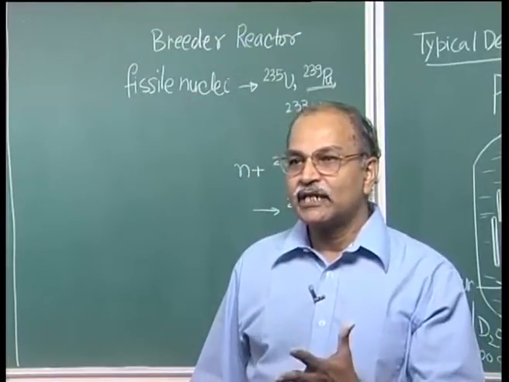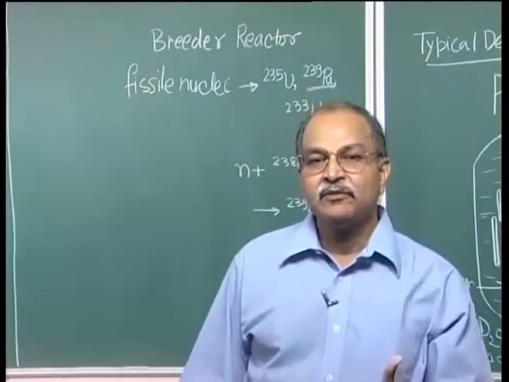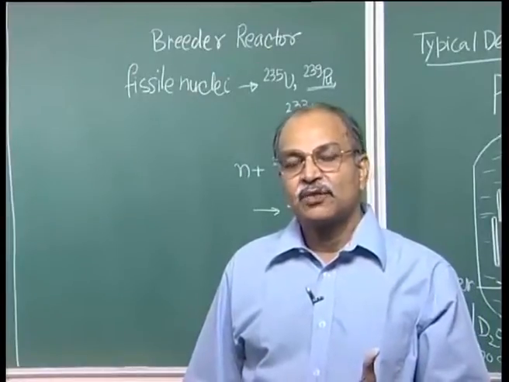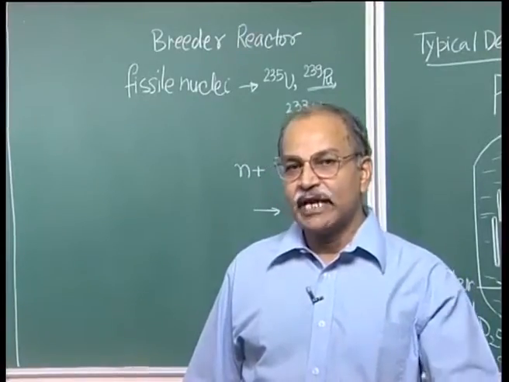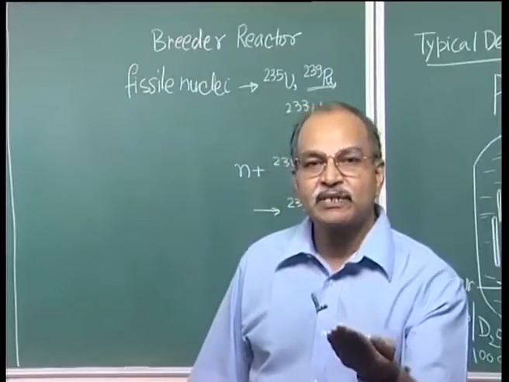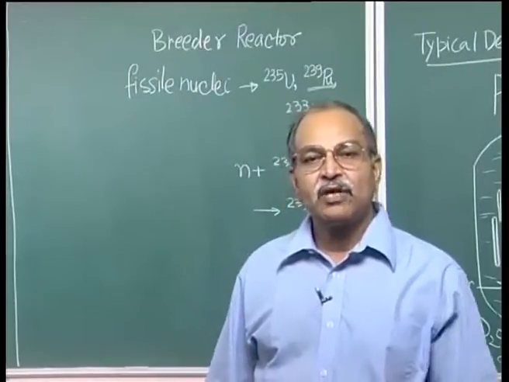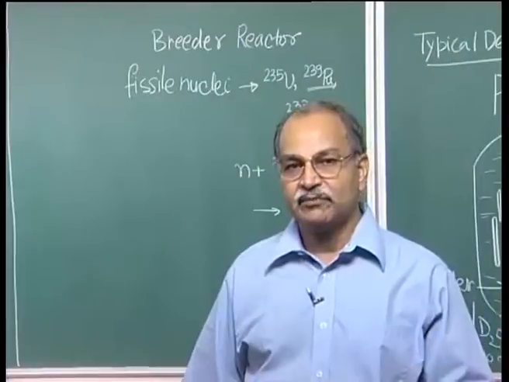Natural uranium is 99.3% uranium 238, and even if you enrich the uranium to some 4-5% uranium 235, you have lots of uranium 238 available.